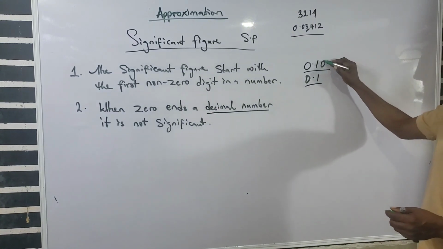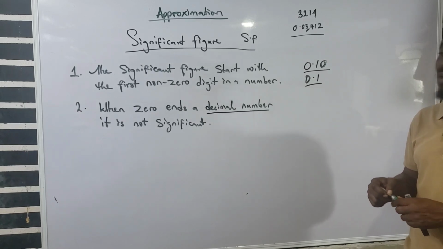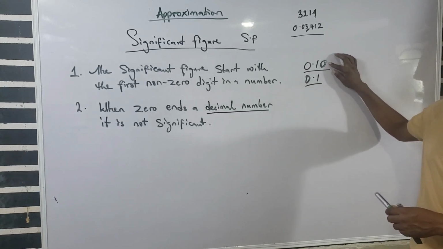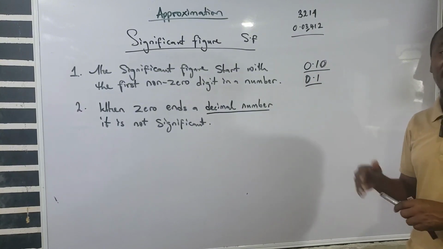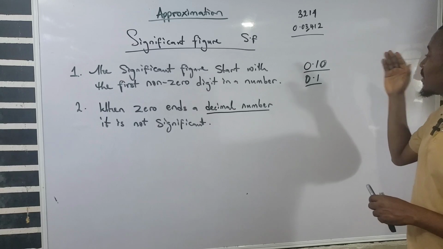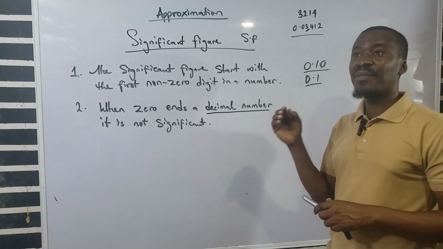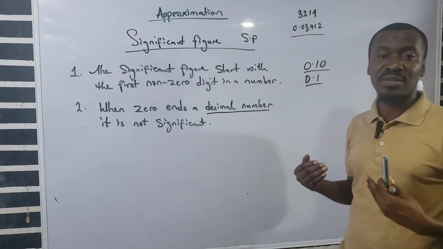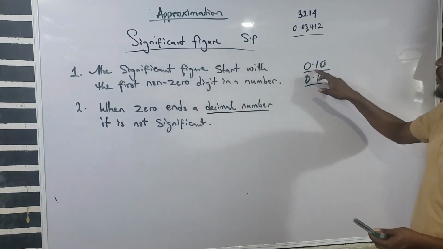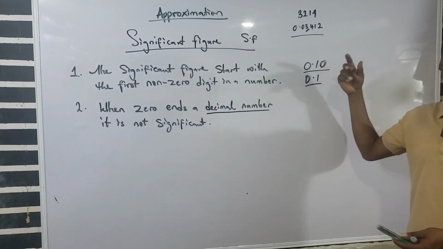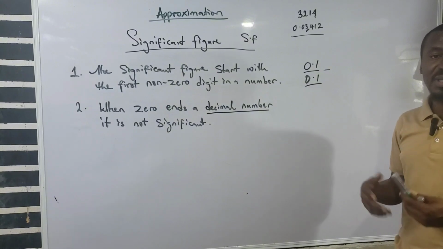Because this 0 here, I do hear a lot of times students calling this number 0.10. 0.10 is a wrong way of calling that number, because it's a decimal number and the 0 there is not significant, and after the decimal point, you don't call the rest of the numbers as a whole number, you call them in digits. So if you have a number like this, you call it 0.1, which of course the 0 there is not significant.